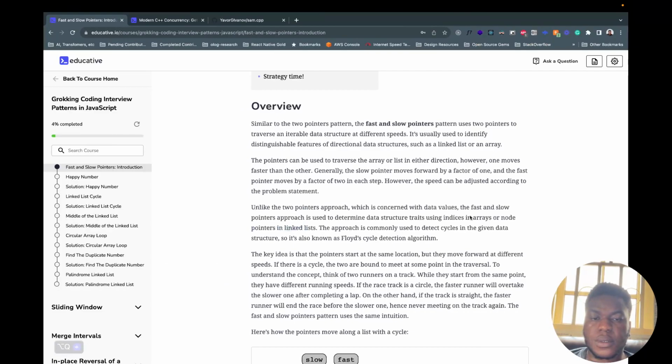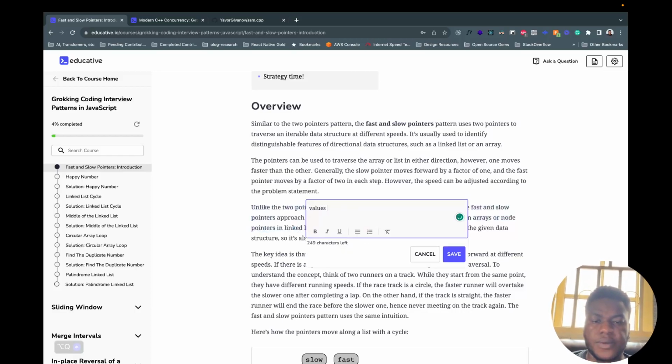I think this is the main thing. Unlike the two-pointer approach, which is concerned with data values, the fast and slow pointer approach is used to determine data structure traits using indices. It's concerned about values, individual values, but this is concerned about traits of the data structure. That's noteworthy.